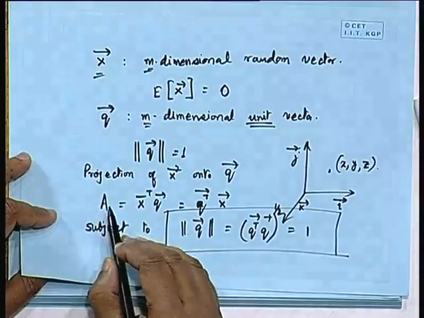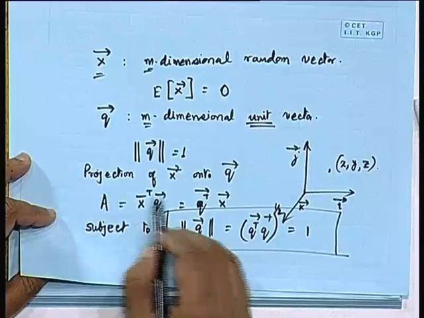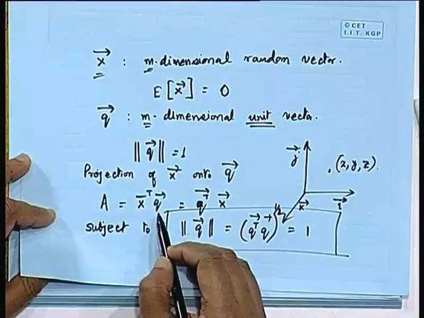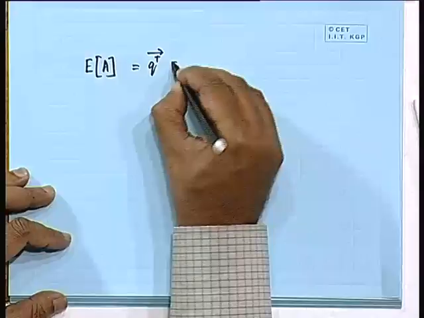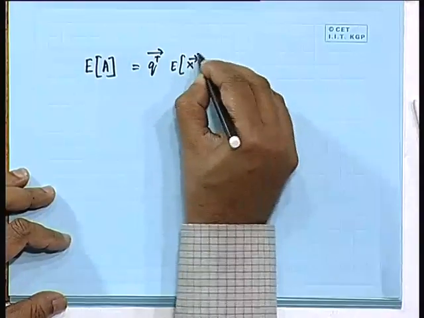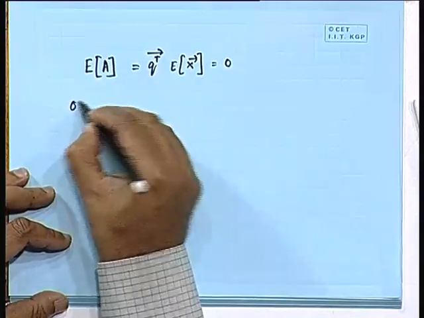You see, expectation of A means expectation of this entire quantity x transpose Q. Okay. Now, naturally Q is not a random variable. So, Q comes out of the expectation operator. So, it is Q vector coming out and expectation of x, and what is expectation of x? That is equal to 0. So, it is quite obvious that this is equal to Q transpose expectation of x, okay, which is equal to 0. Okay. And what is the variance?